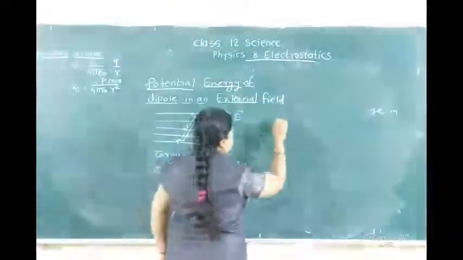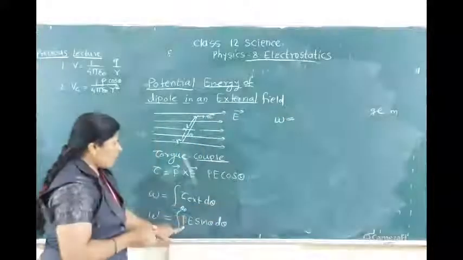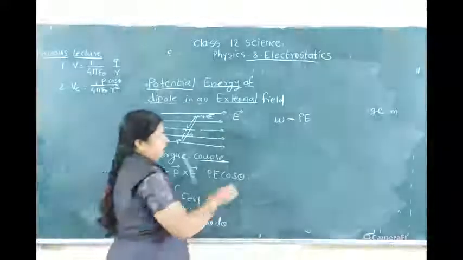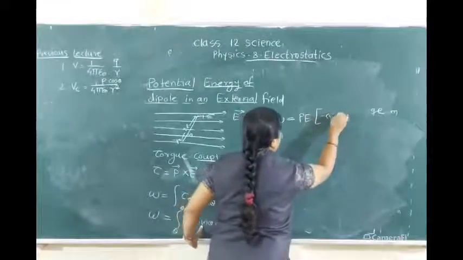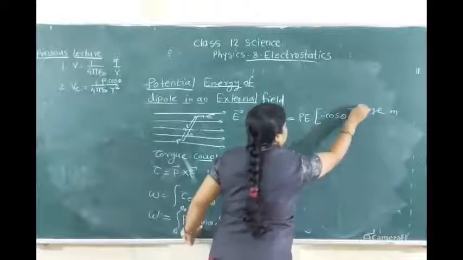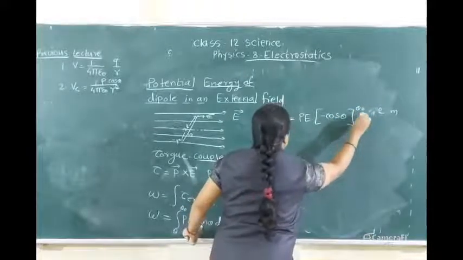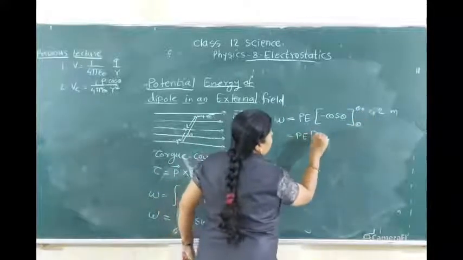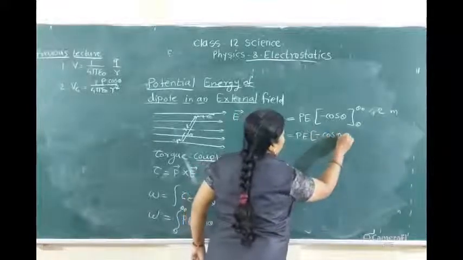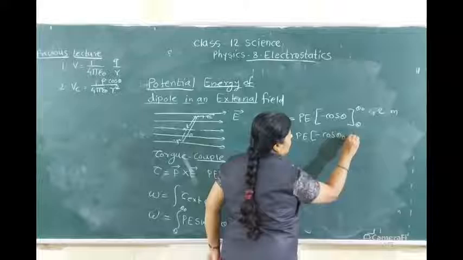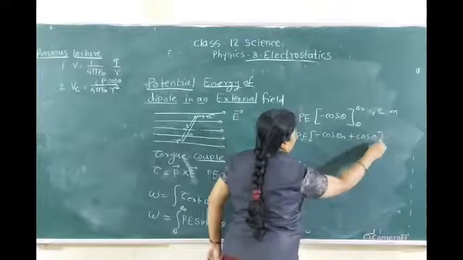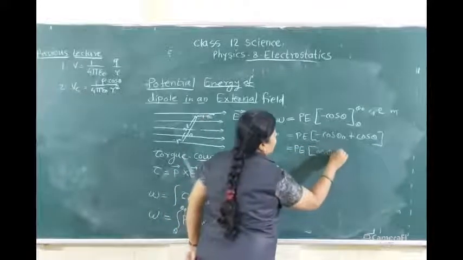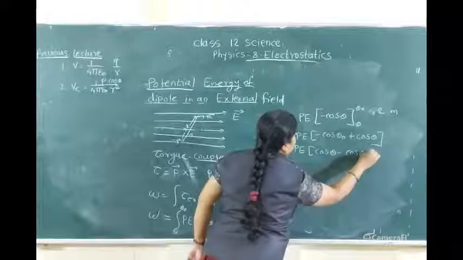So W is equal to PE, and the integration of sin theta is minus cos theta, from theta 0 to theta. Substituting this limit, minus cos of theta 0 minus becomes plus cos of theta. So PE (cos theta minus cos theta 0).